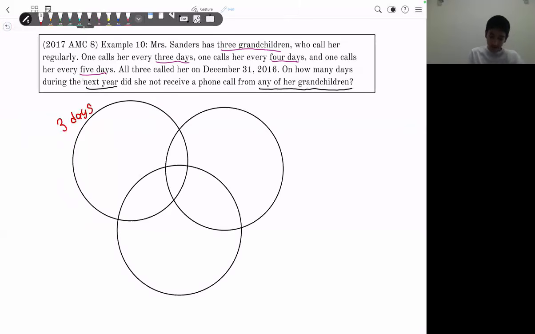For this next bubble, the one who called every 4 days. And this one, the one who called her every 5 days. Since 2017, the year after this, is not a leap year, there are 365 days.